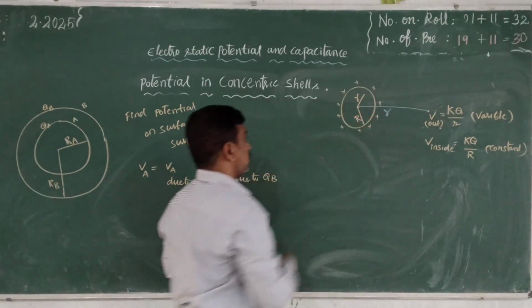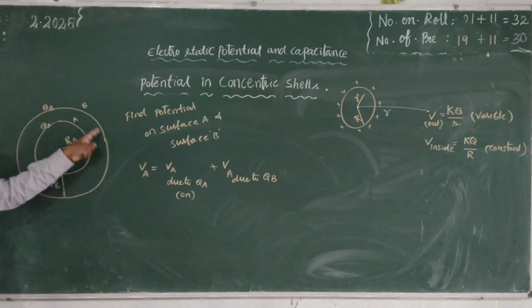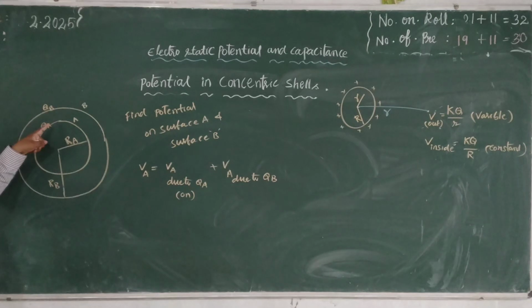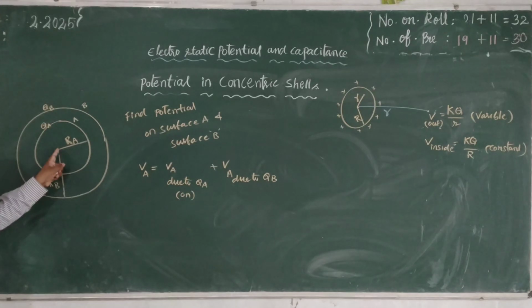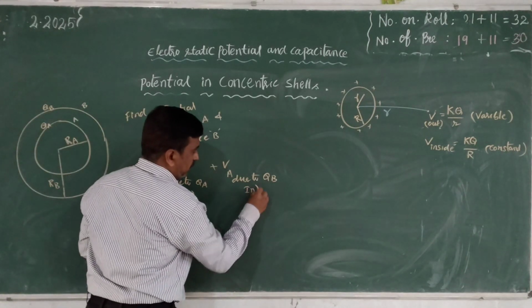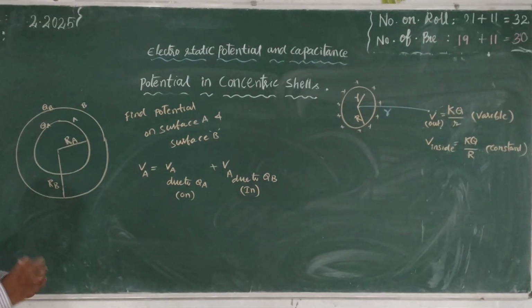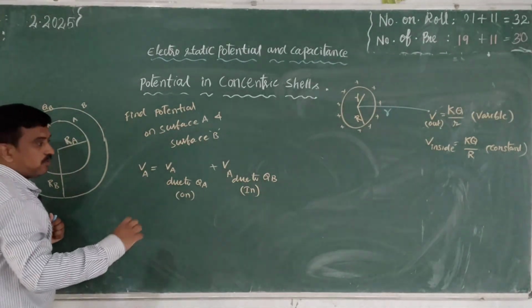So the potential on surface A due to surface B, we take radius Rb. Inside point, from center to surface, it is the same. The charge is outside, so it maintains constant from center to surface.